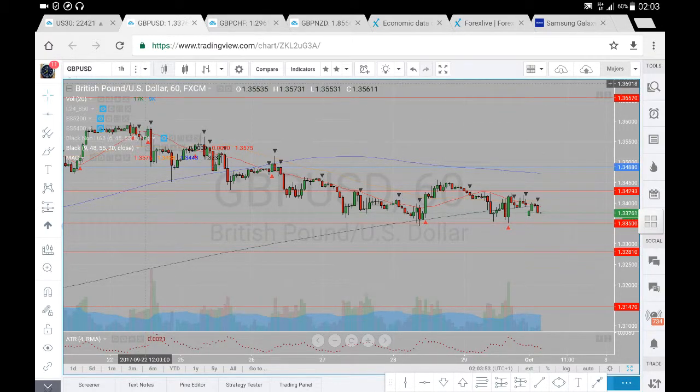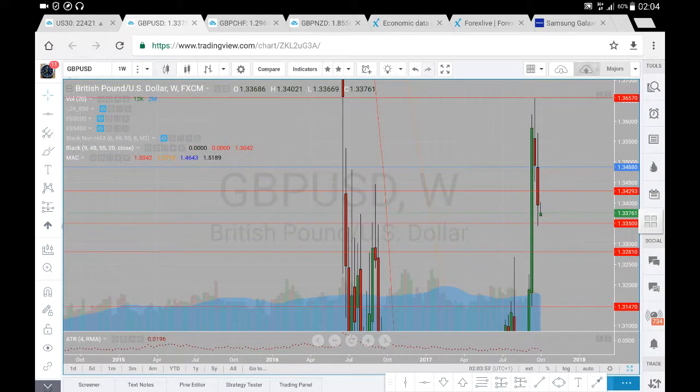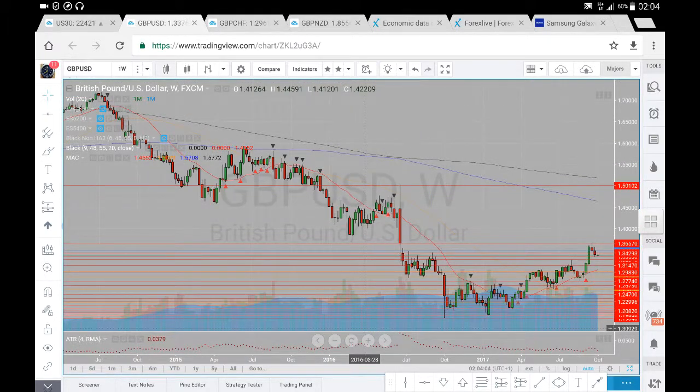Now I've got to mark on this week's weekly pivot, let me just get this scaling on this chart correct, and it should give me my levels. So this week's open is at 133.68.